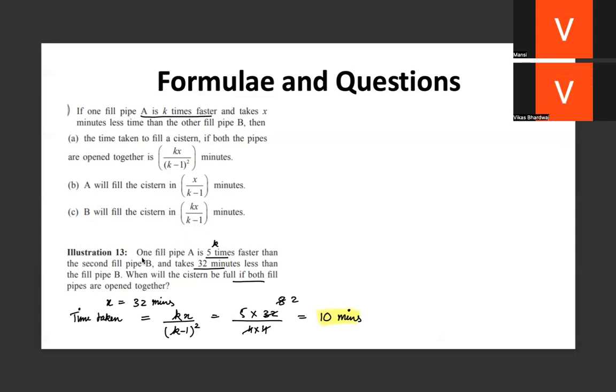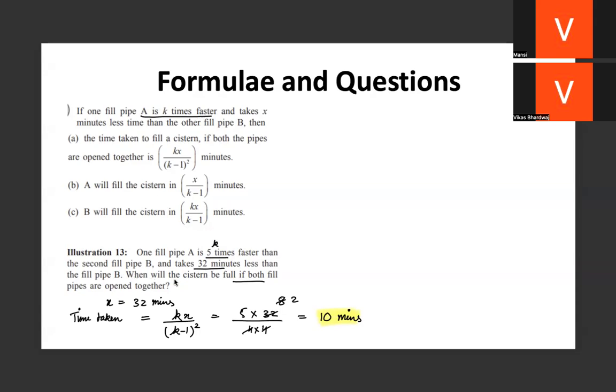A question states that one fill pipe A is 5 times faster than the second fill pipe B. So the value of K would be 5. It takes 32 minutes less. You can see exactly the same language as it is stated here. So it takes 32 minutes less than the fill pipe B, which is the second pipe.